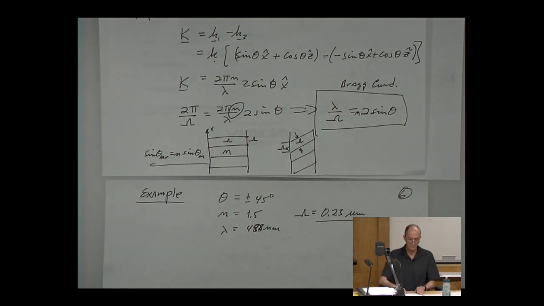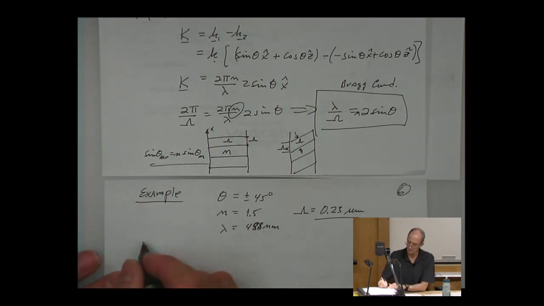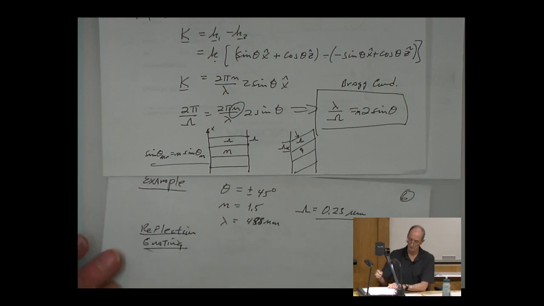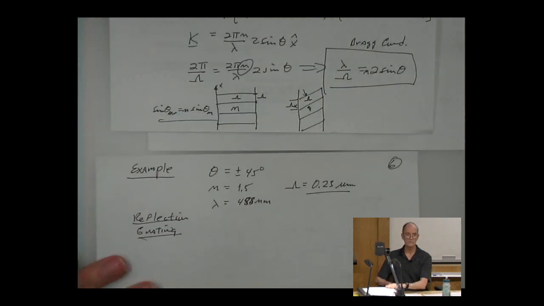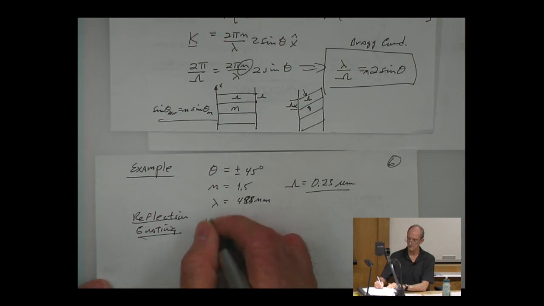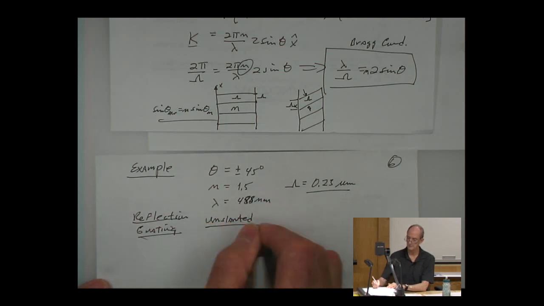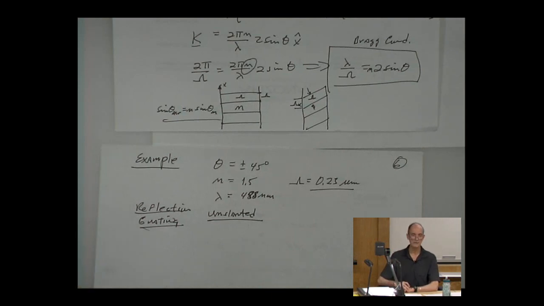Okay. So let's look at now the reflection grating. All right, so how should the grating vector be oriented for a reflection grating? Let's again consider an unslanted reflection grating. Any ideas what the orientation should be?